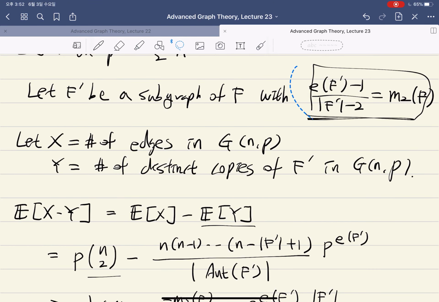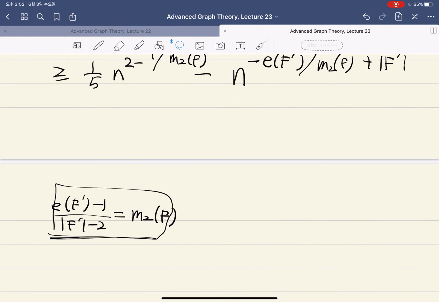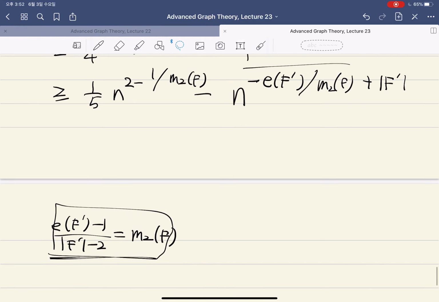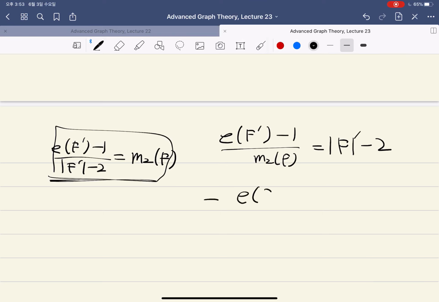So now we can actually calculate. So we have this relationship. So that means if you take e of F prime minus 1 over m to F, then that's the same as e of F prime minus 2. So here you take a negative, then negative.